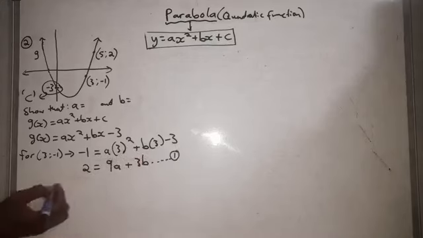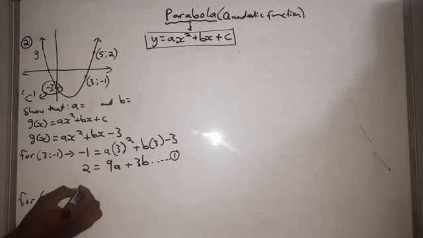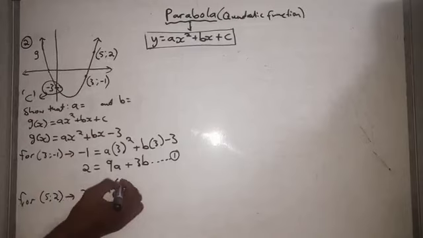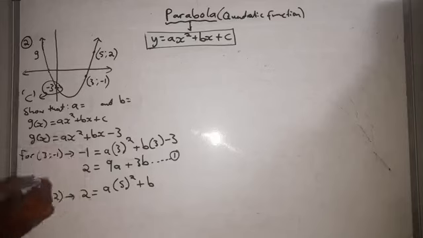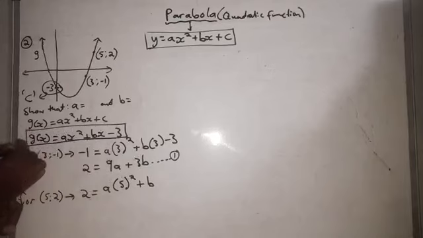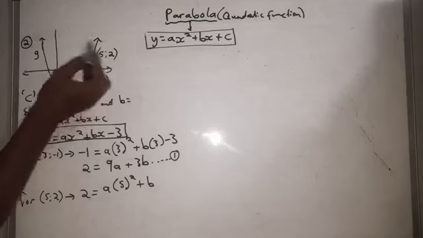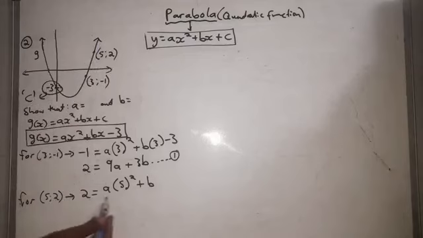Moving on to the second point, that's 5 versus 2. In the place of y, I'm going to plug 2 for that y value. Then a is still unknown times 5 squared plus b times 5, minus 3. For the second point, you use that same unknown equation, the same way I did to obtain the first equation.